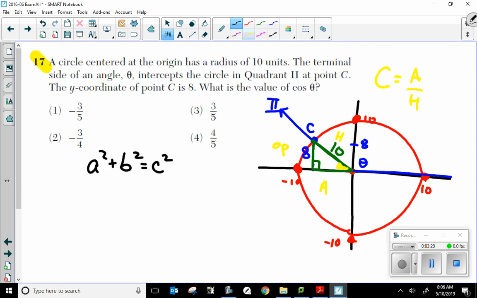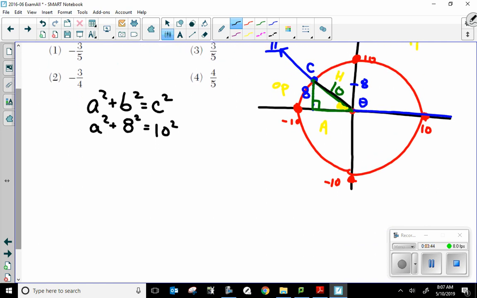The only rule with the Pythagorean Theorem is as follows. The hypotenuse, which happens to be the radius here, 10, needs to be your C value. So 10 squared equals 8 squared, because that's one side, plus A squared, and we're solving for A. That's going to be our third side. So let's clean this up. A squared plus 64 equals 100.